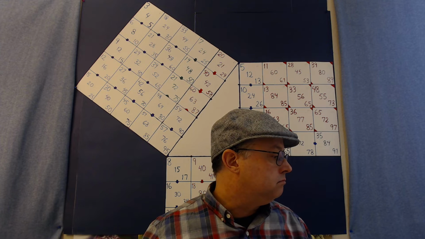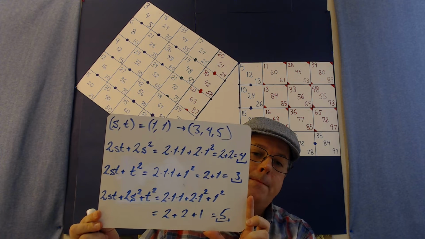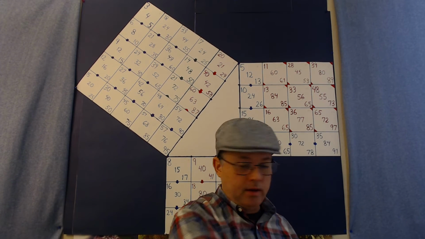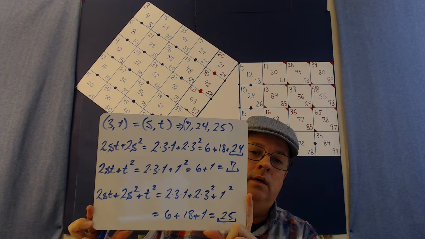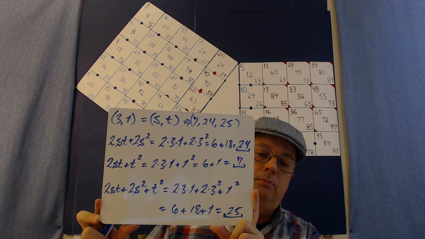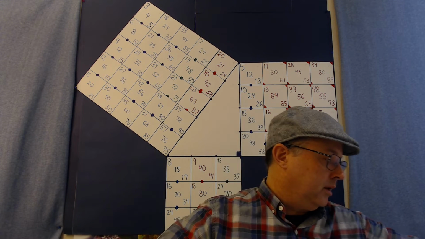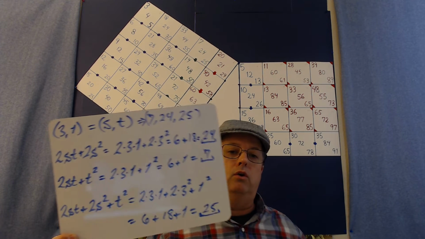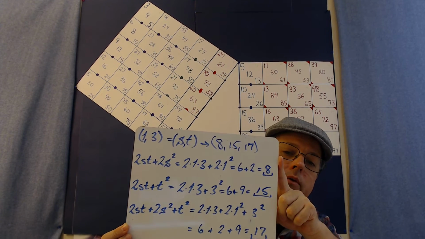We can have the s and t values the same, 1 and 1, and we can have the s value greater than the t value, 3 is greater than 1, and get a primitive Pythagorean triple here. And then we can switch them, where here the s value was greater than the t value, and here the s value is smaller than the t value.